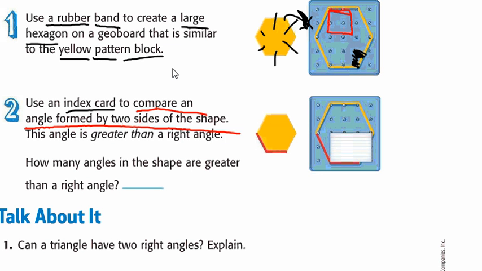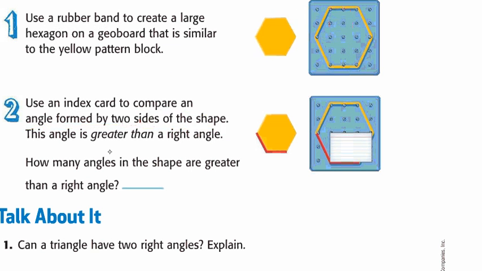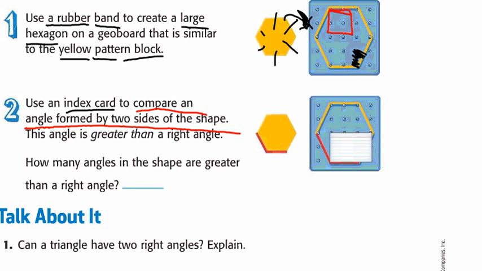This is a little bit too big for our square, so that means that the angle is greater than the right angle. So you can have angles that are greater than your right angle.